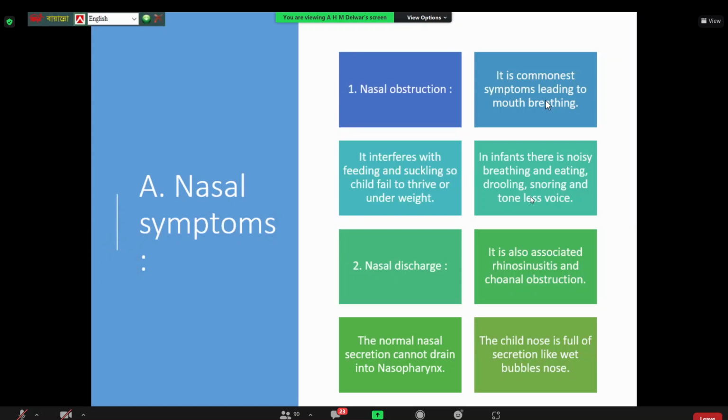When the nose is blocked, the children cannot feed or suckle, so there is no adequate feeding.